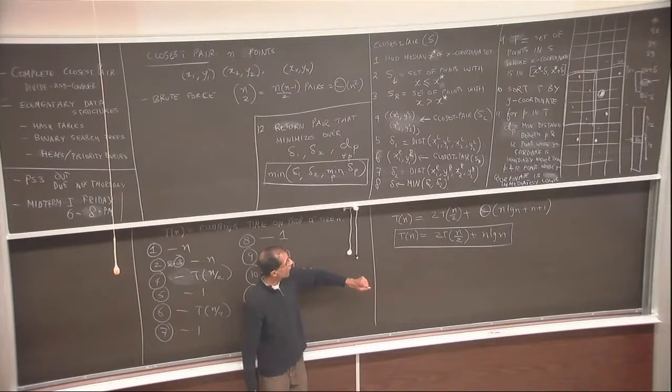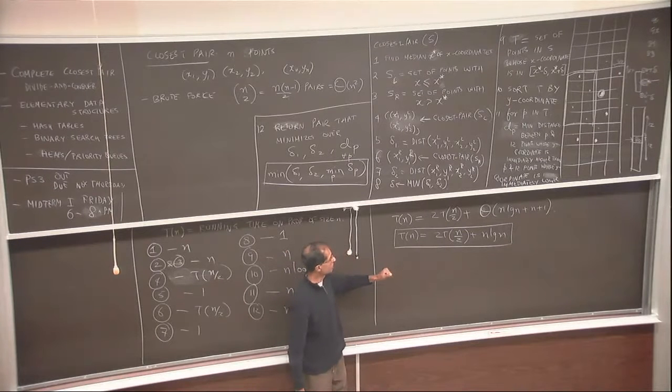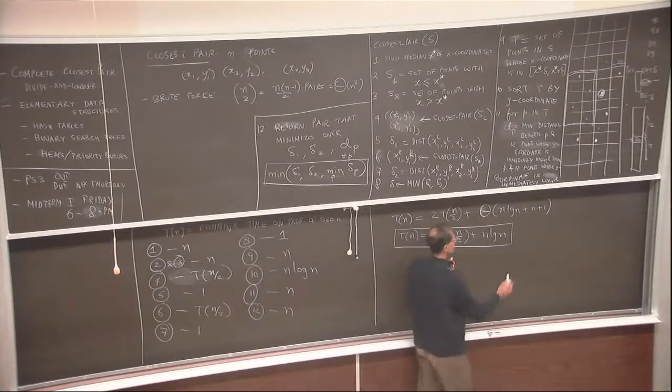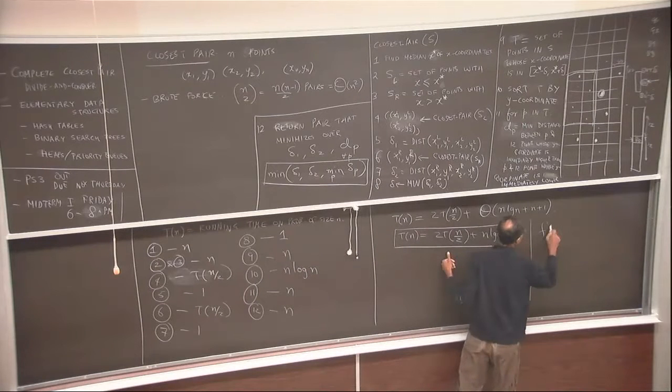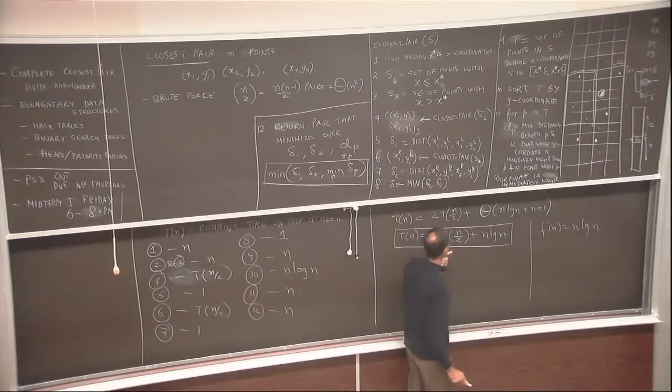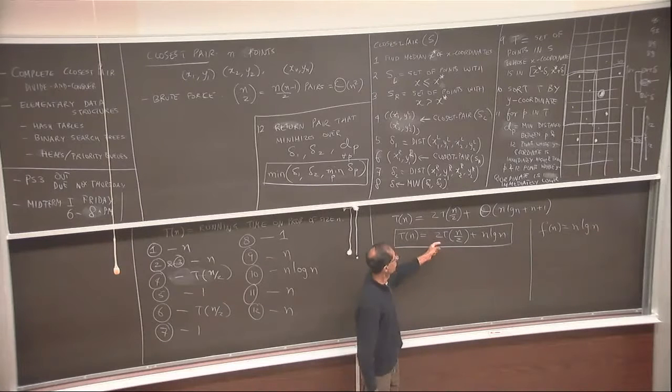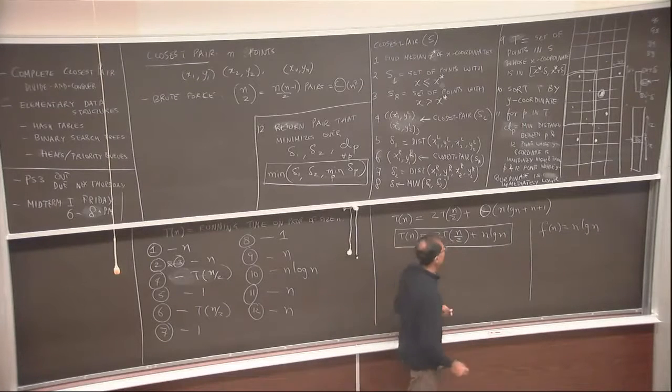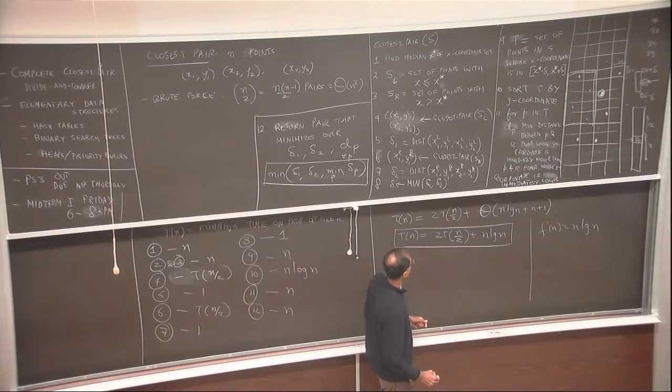If you use the master theorem, let's quickly try it and see what happens. What is f of n in the master theorem? N log n. What is a and b? 2. So what is n to the log base b of a? That is just n.